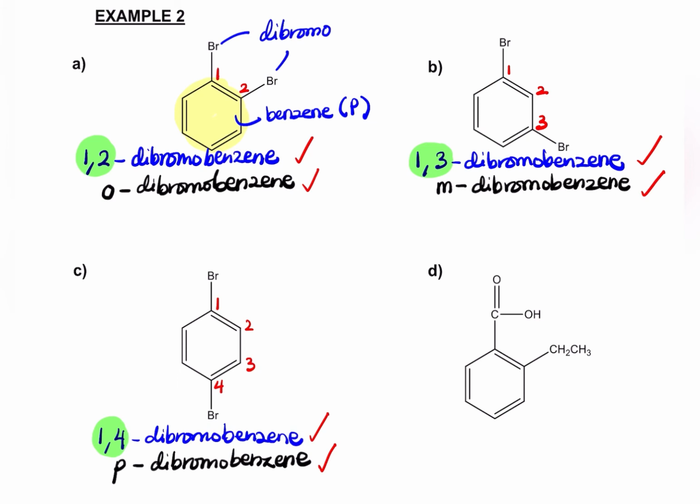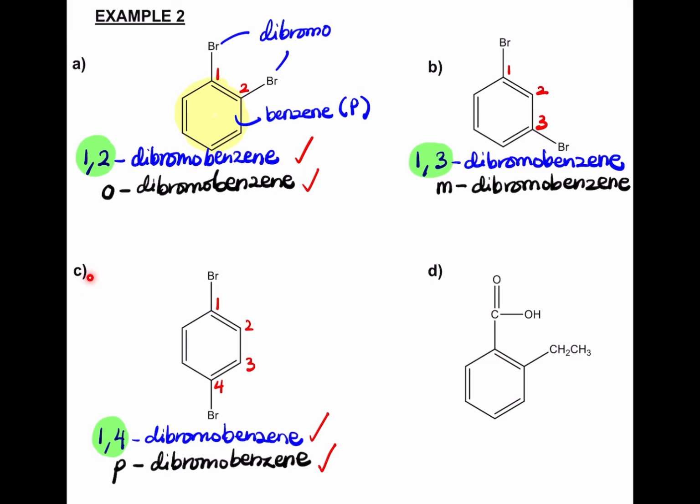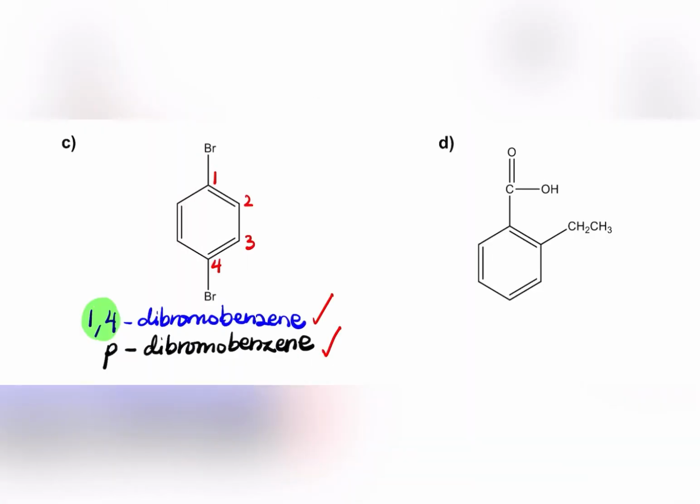I hope all of you are clear with example 2 for structure A, B, and C, how you want to apply the ortho-meta-para system based on different positions of substituents. Now we are going to focus on structure D. Structure D, you got benzene. However, please be careful right now because this benzene is attached to different groups.